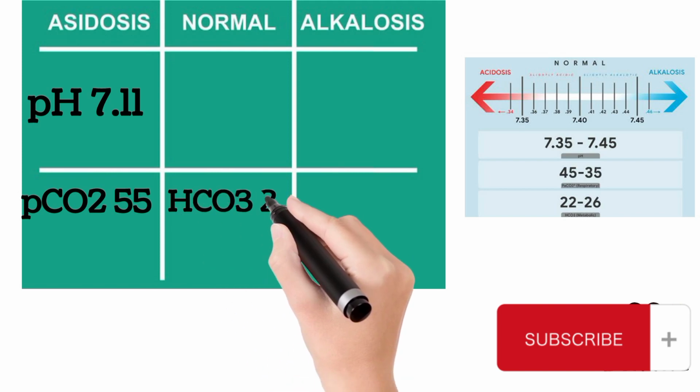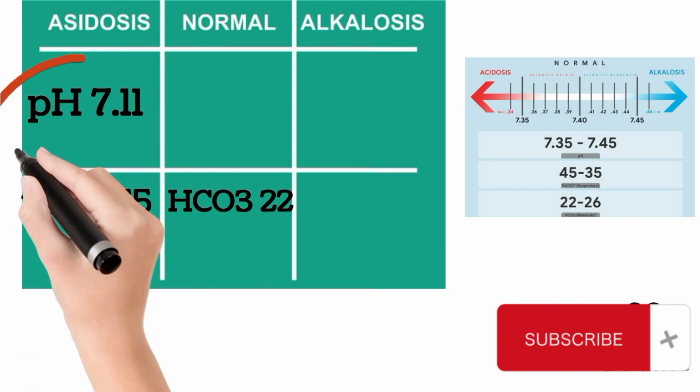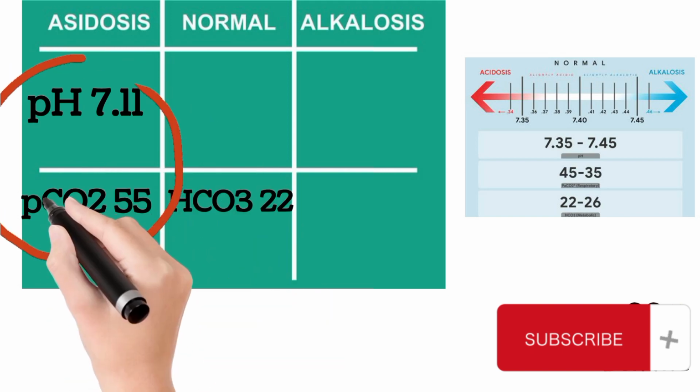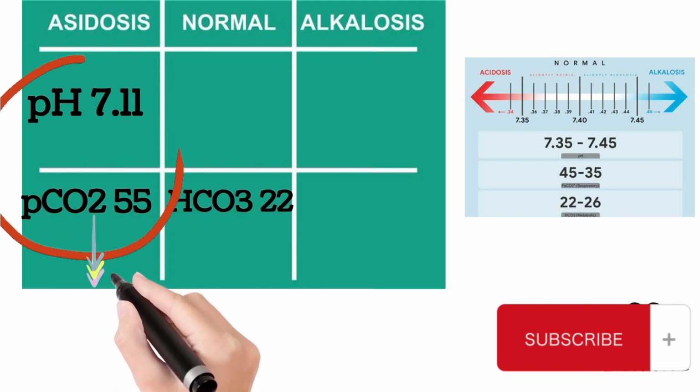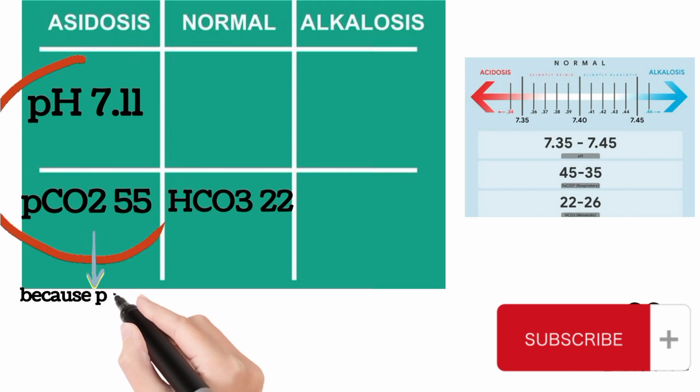Because PCO2 is in one vertical column with pH, and PCO2 indicates respiratory, it's called respiratory acidosis.